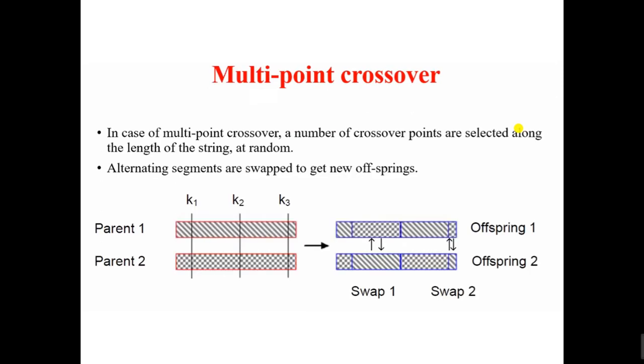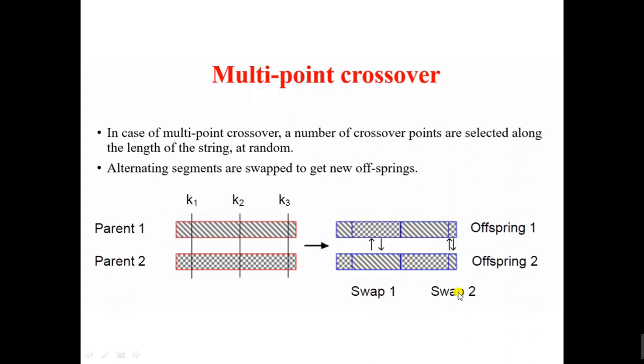Then multi-point crossover means we can do a number of crossovers. In this diagram, parent 1 and parent 2 have different designs. Based on the positions, we can swap the segments.